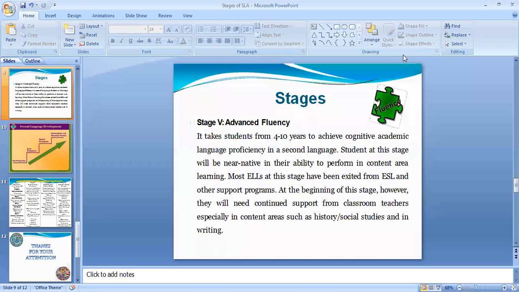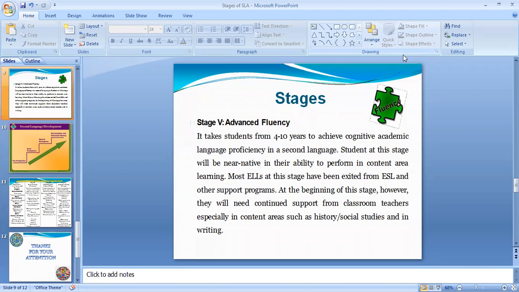In these stages, it's the advanced level of the learners. That means the learners get the highest proficiency of the second language.